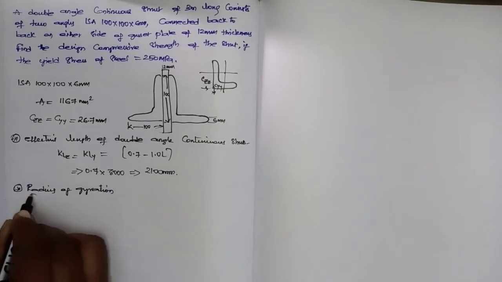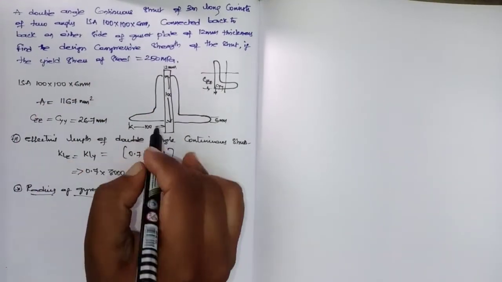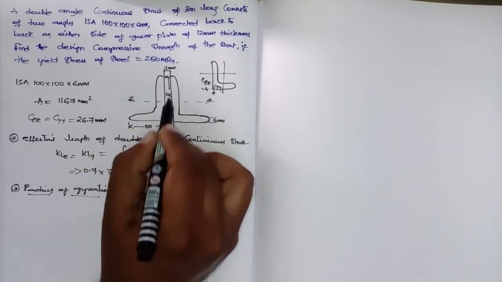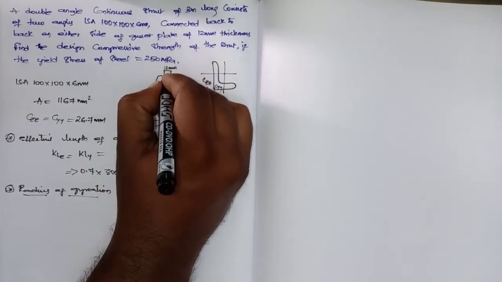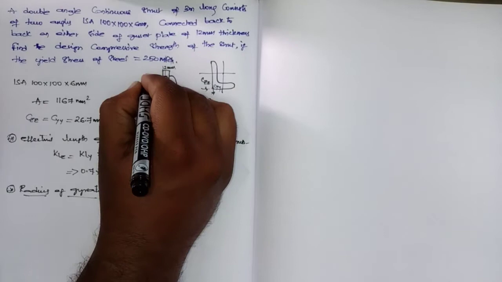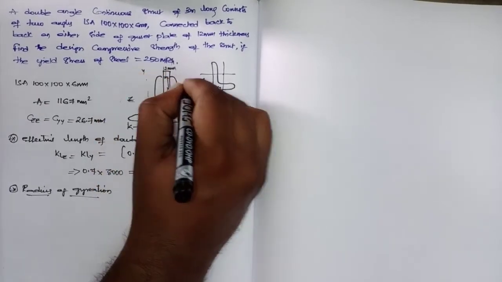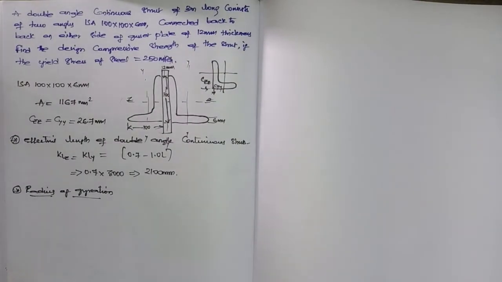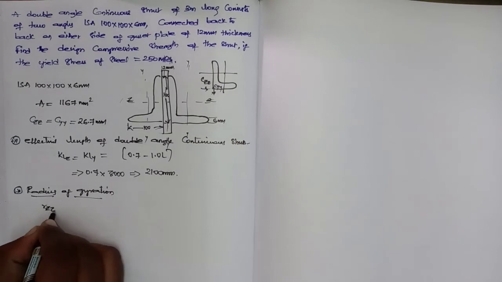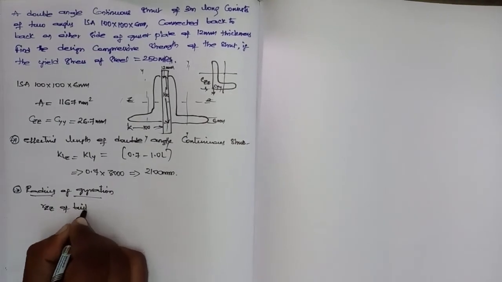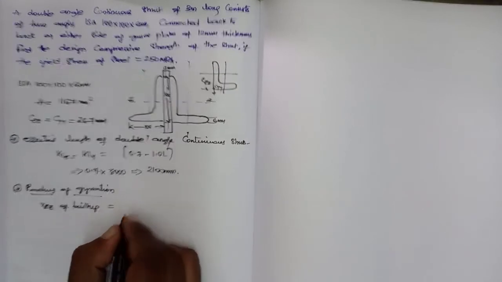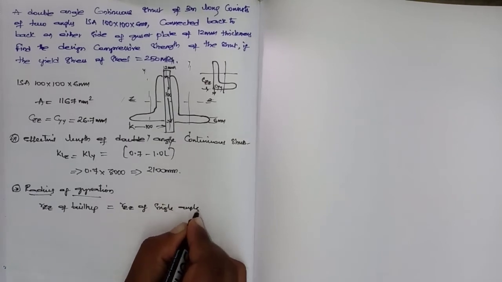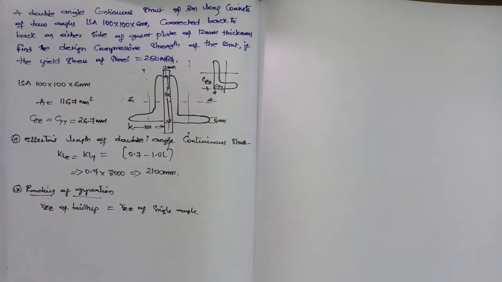Because this is a built up section, the z axis, that is xx or zz, is the same for a single unit or combined, whereas the y axis is different for the whole section and for each individual section. So with respect to the z axis, rzz of built up will be the same as rzz of single angle, since the z axis is the same for the whole section.